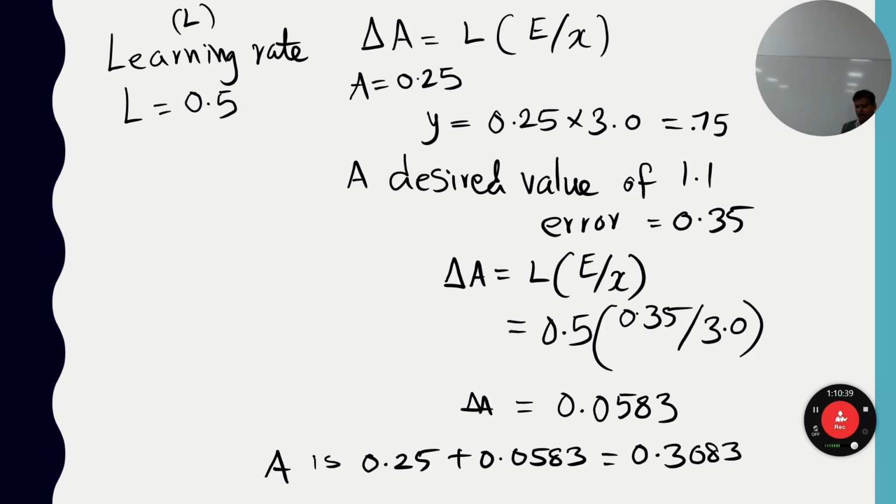So right now we have the new value for A on this training example for x equals 3.0. We get y equals 0.3083 times 3.0, right?